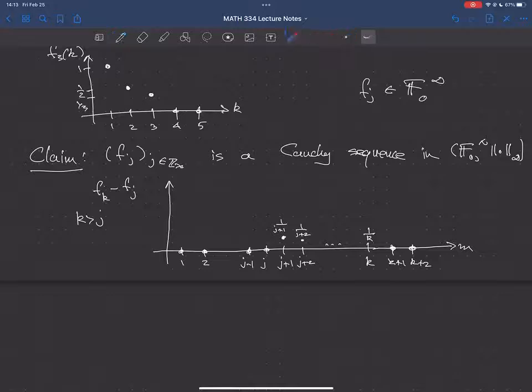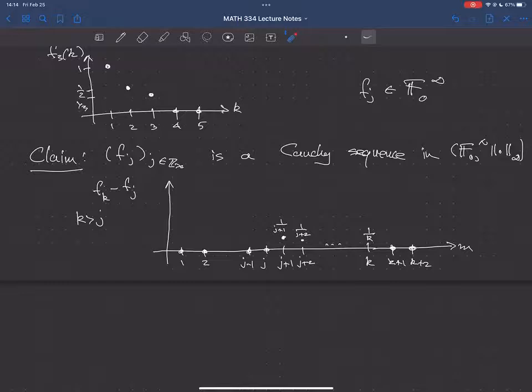Okay, all right, so let me summarize that. Because fj and fk agree up until the argument j, it's 0, then suddenly at m equals j plus 1, fj vanishes, but fk will be non-zero, and at j plus 1, I'll have the value 1 over j plus 1, at j plus 2, I'll have the value 1 over j plus 2, all the way up to m equals k, and then at this point, fk will have the value 1 over k, and then forever after I'll be 0.